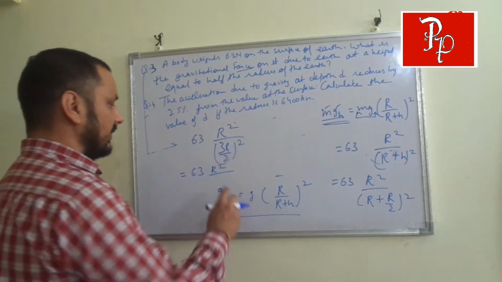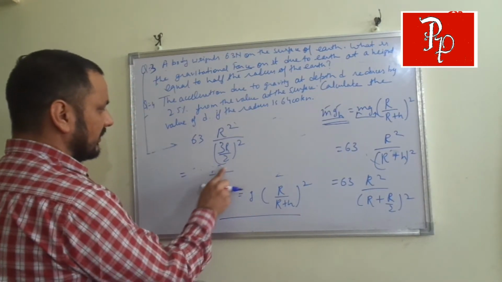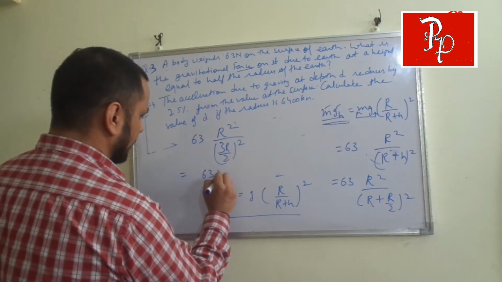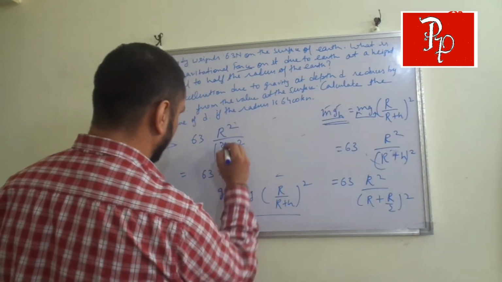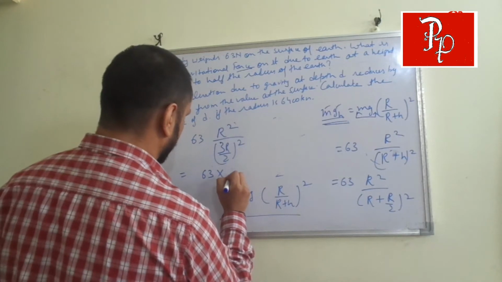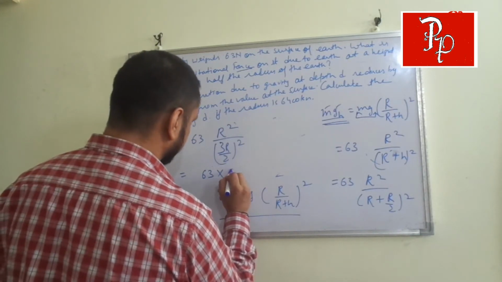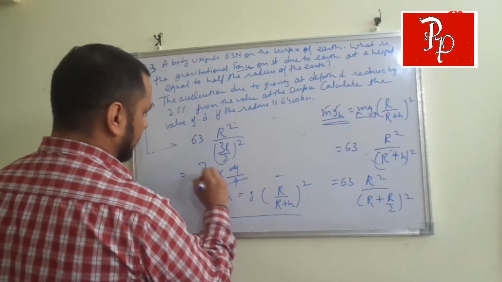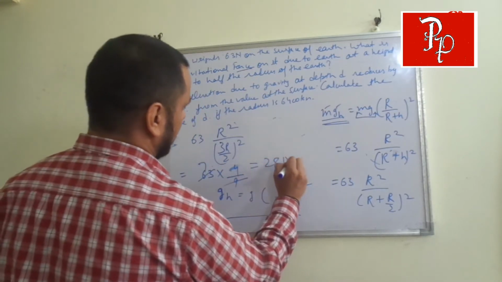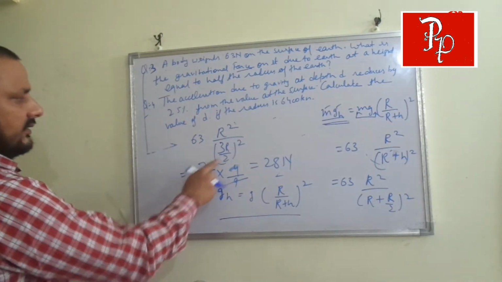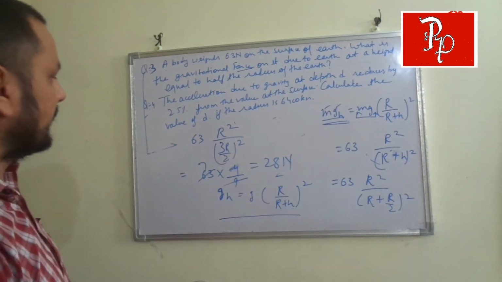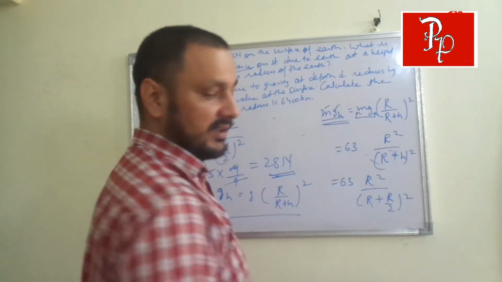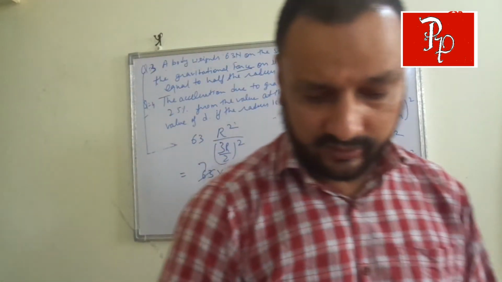The entire thing will cancel out and you will get 3 into r square gets cancelled, that is 28 Newtons. It comes out to be 28 Newtons. This is the force at this height where h is equal to r/2.